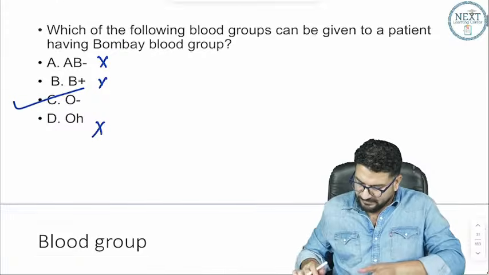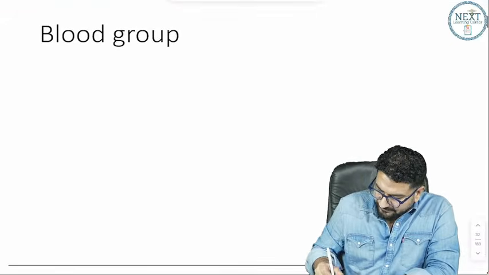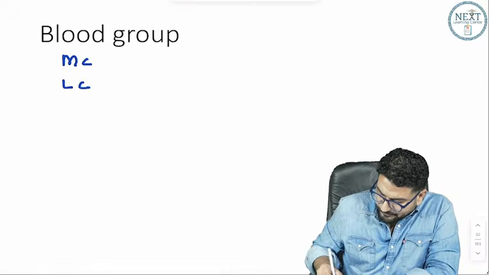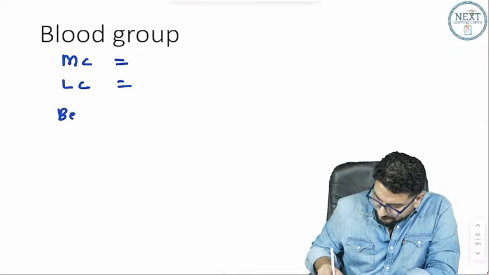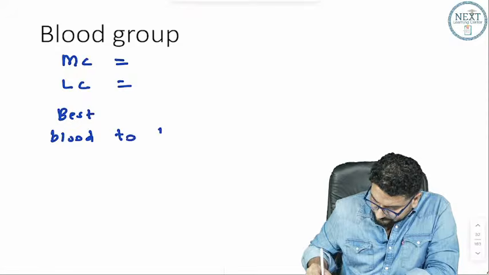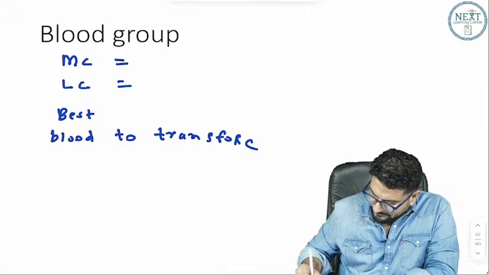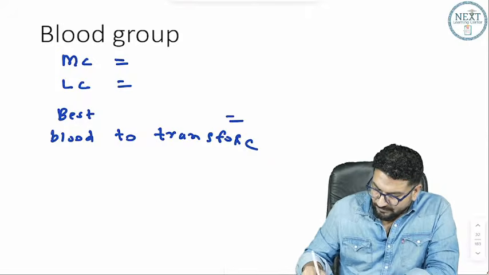Am I clear? Okay, let's understand the different types of blood group. We have the most common blood group, then we have the least common, then they ask you the best blood group to transfuse. Most common blood group, anyone?